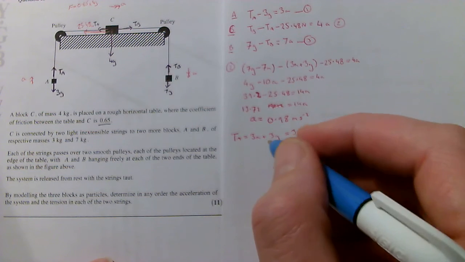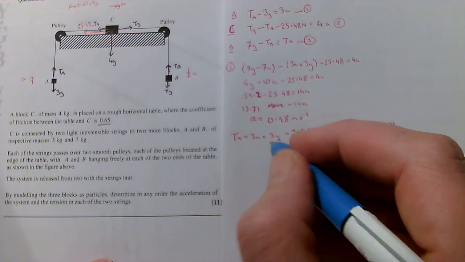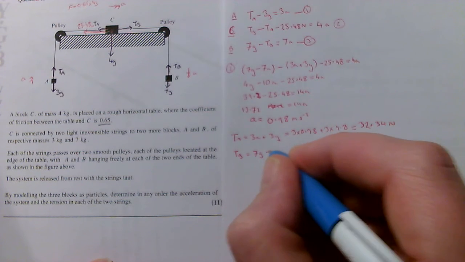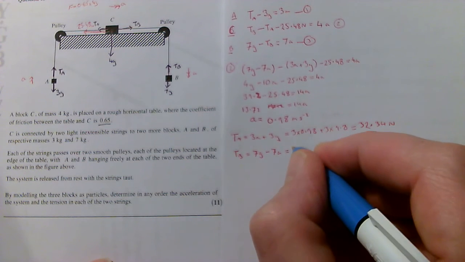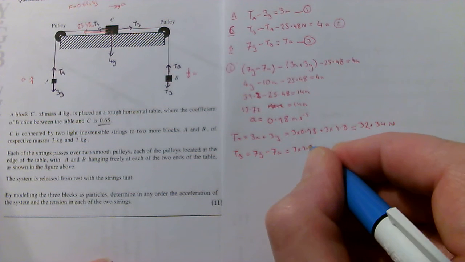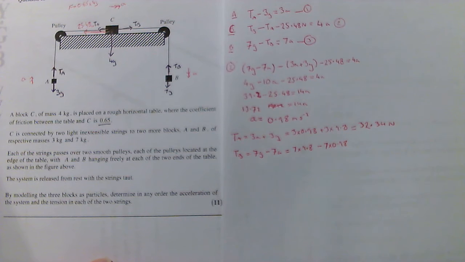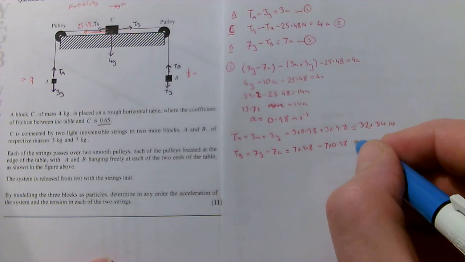And here we've got TB equals 7G minus 7A, which is 7 times 9.8 minus 7 times 0.98, which gives you 61.74 newtons.